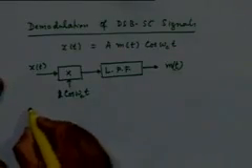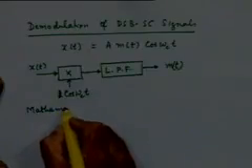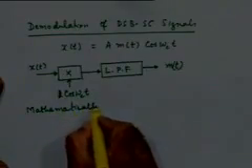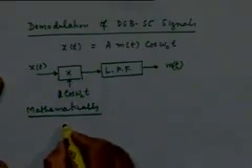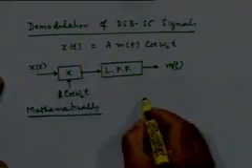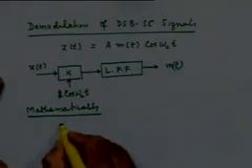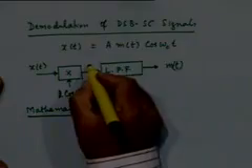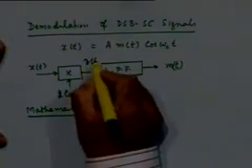Mathematically speaking, you are multiplying x of t with 2 cosine omega_c t. Let's call the output signal z of t.